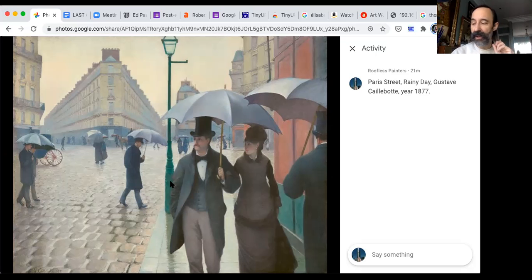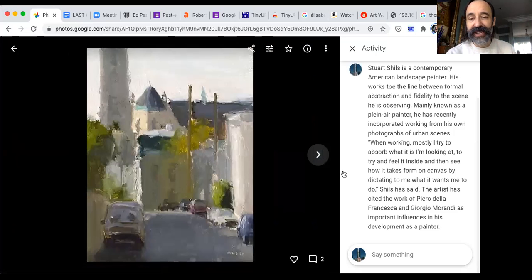But again, in regards to how it pertains to our own practice: gray, white, ecru, desaturation, cold tones to create perspective the further away things are, and composition. I think that's also very important.